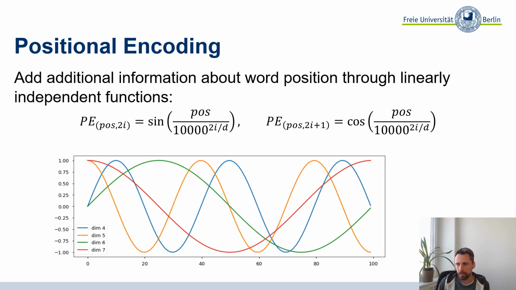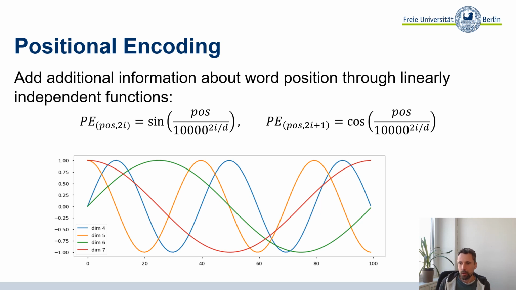For example, if you have very short and very long sequences, these numbers won't be able to represent an absolute position. They will only be relative to the sequence length, which again is something that the model doesn't know. Also, the model with this representation of position won't be able to generalize well to sequence lengths that it hasn't seen yet.